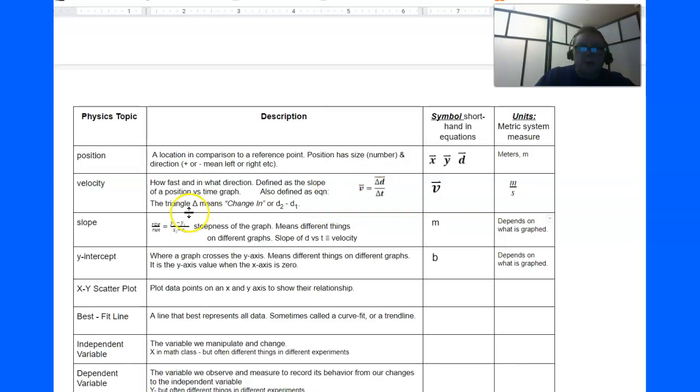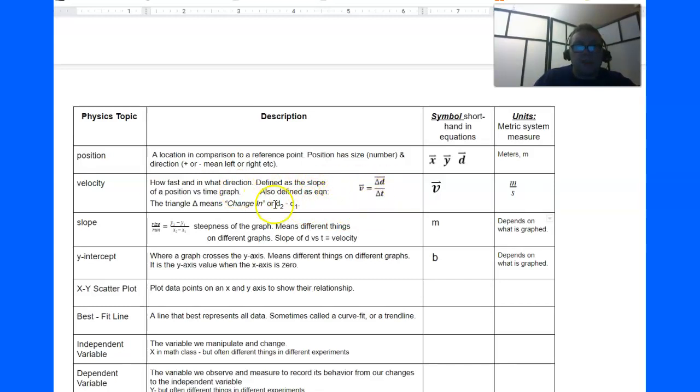That triangle means change in, like position 2 minus position 1, which brings us back, if we've calculated slopes in earlier grades, to y2 minus y1 over x2 minus x1, and that makes sense.